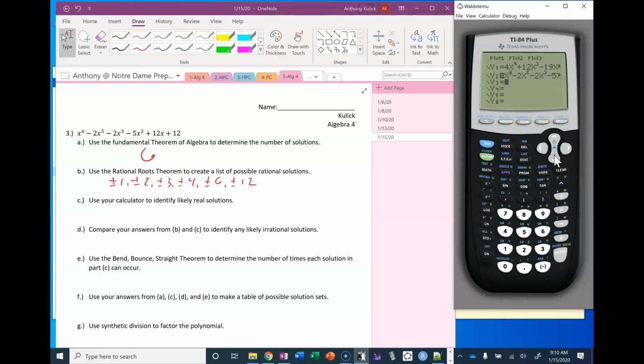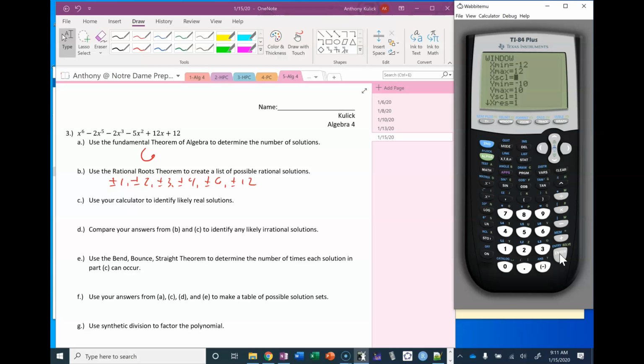If you're getting errors and things, come talk to me and we'll sort that out. And I'll take a look at what's going on and give you some feedback as to why you're getting errors on your calculator when you're trying to do this. But you definitely need to be able to use your calculator to get a decent picture.